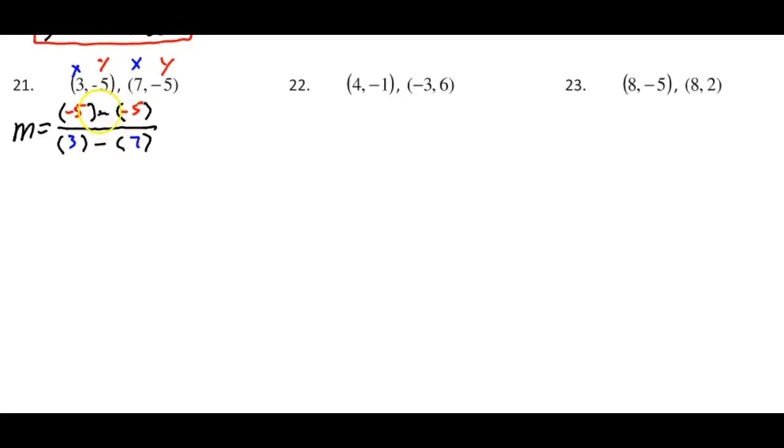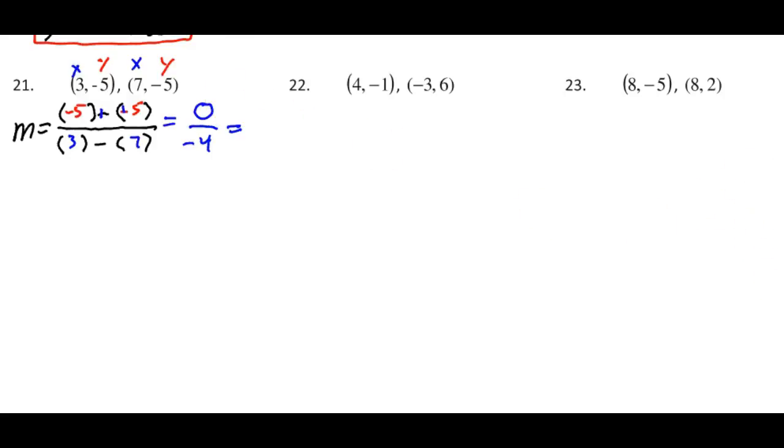Now remember, a negative and a negative make a positive, so that's actually going to be negative 5 plus 5, which does equal 0. And the bottom equals negative 4. And remember, when you have a 0 on top, what kind of line is that?